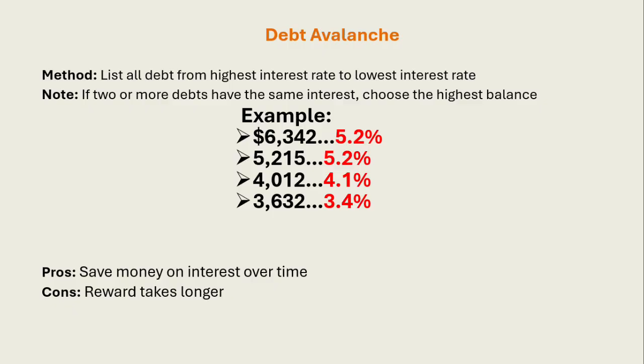Now, if you have interest rates that are the same, such as the first two, which are both 5.2%, you are going to list the highest balance first because, essentially, you'll be paying more interest since that balance is higher. So again, I have the $6,342 at 5.2% and the $5,215 at 5.2%.